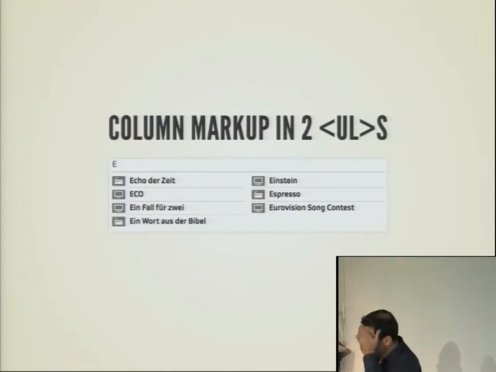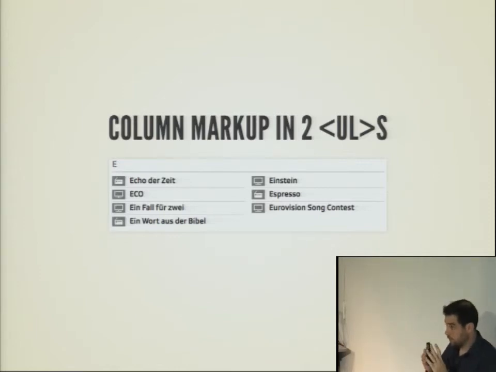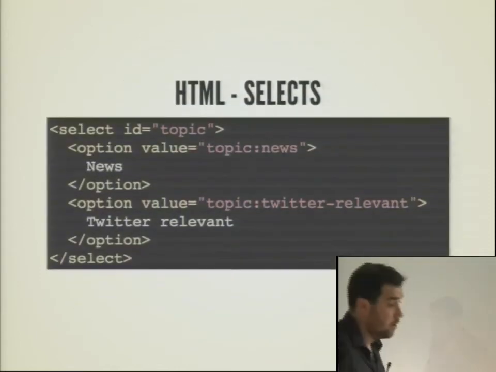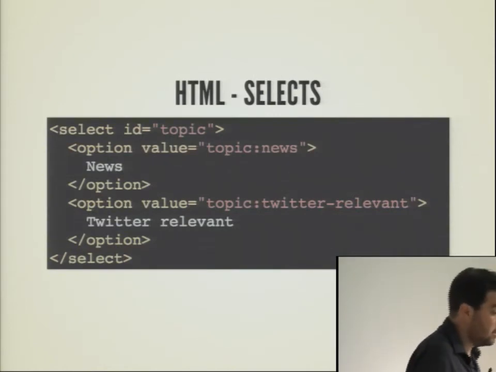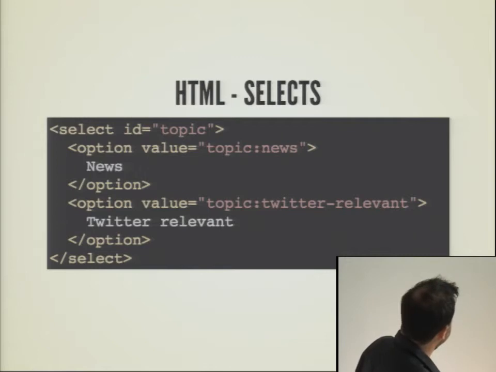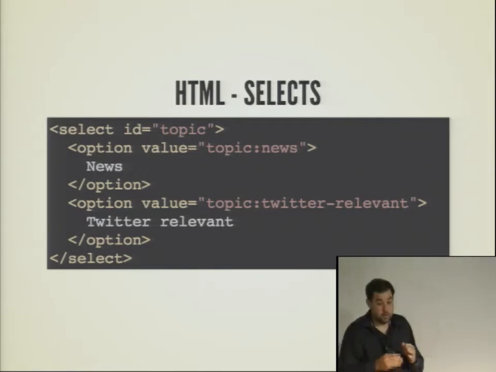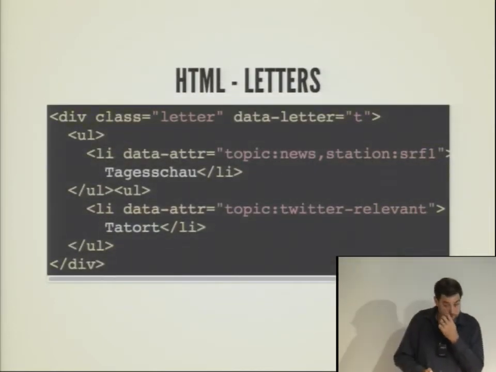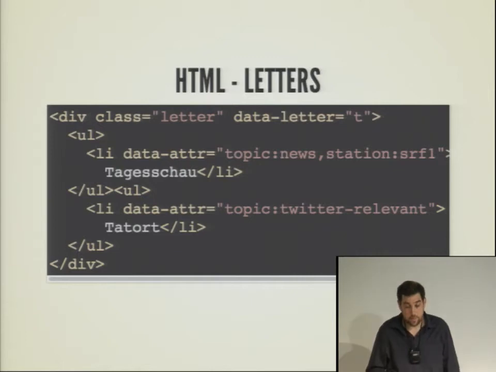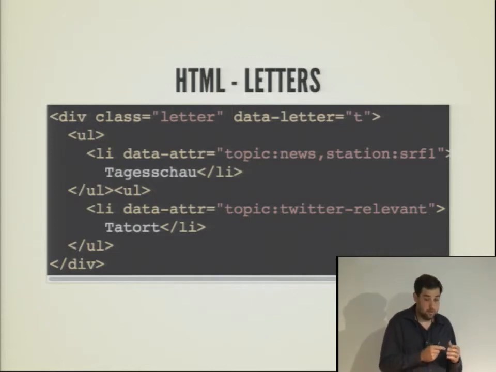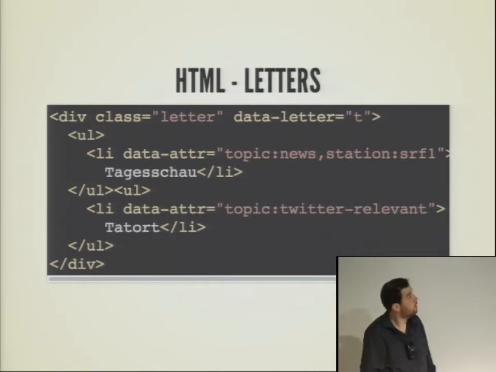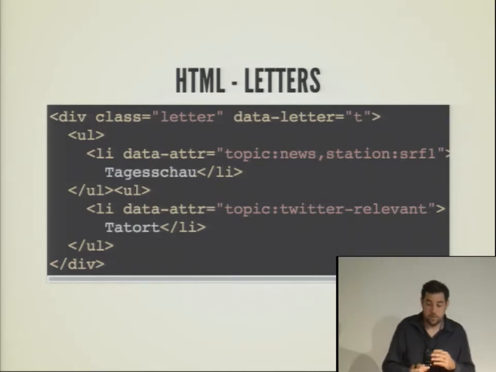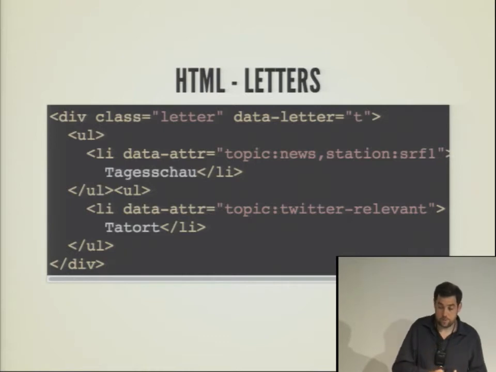So what we did was we had to connect these shows and the filters. With the filters, we have the value with this topic, which is the name of the filter, and then the value of the filter. And in the HTML of the letters or of the shows, we have the corresponding topics as data attributes. Like this, we don't need to have any relation in JavaScript, but we have everything in HTML.